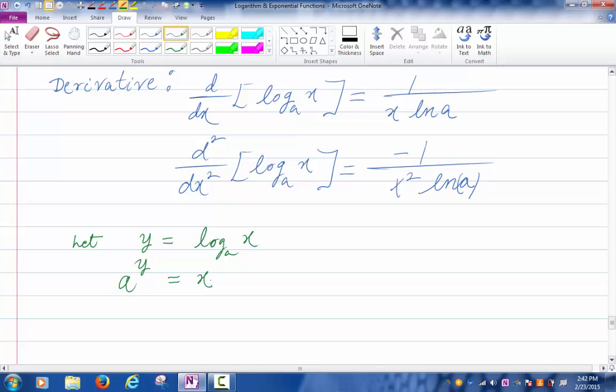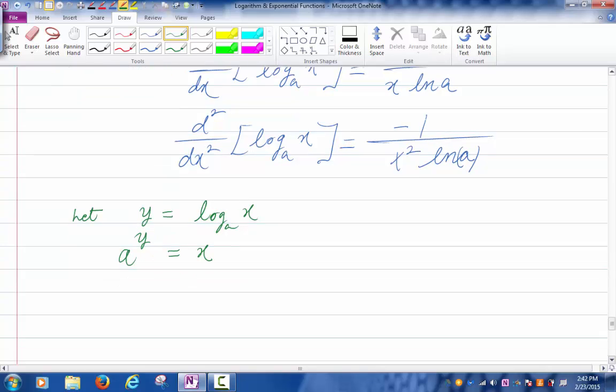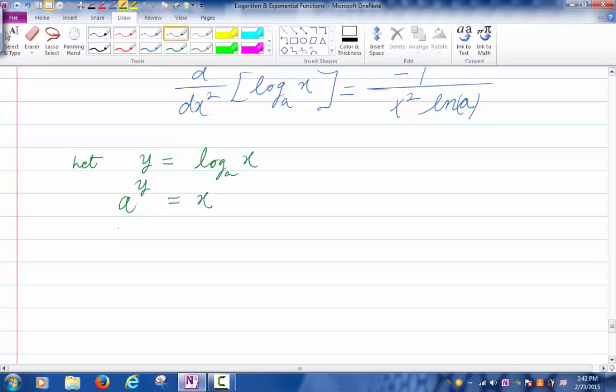So if y is log base a of x, then a to the y is x. Now employ implicit differentiation. I'm taking the derivative of both sides with respect to x. What's the derivative of x with respect to x? 1.